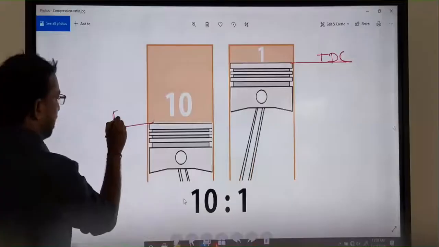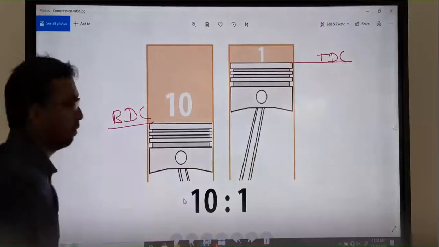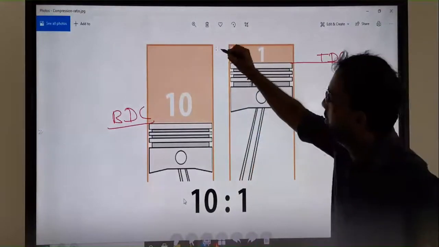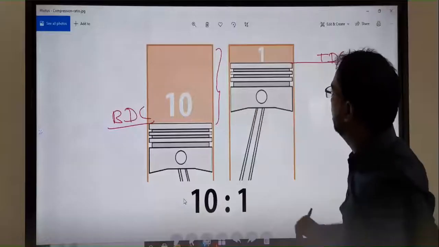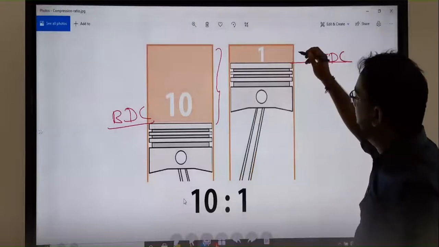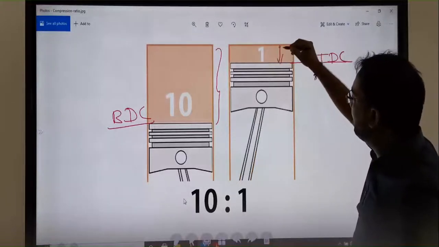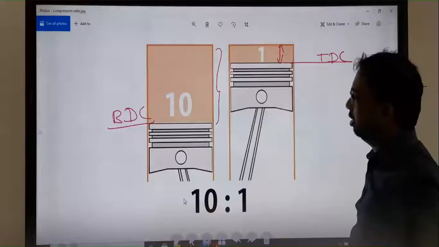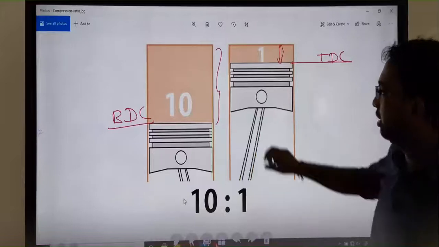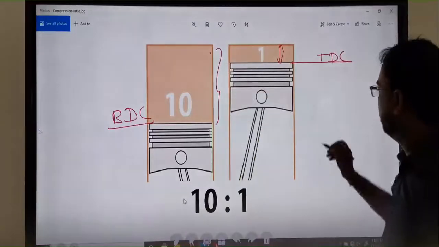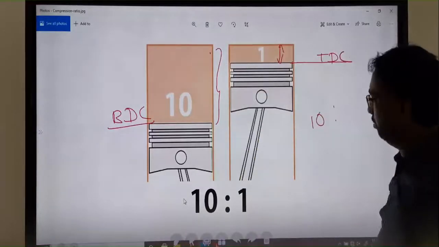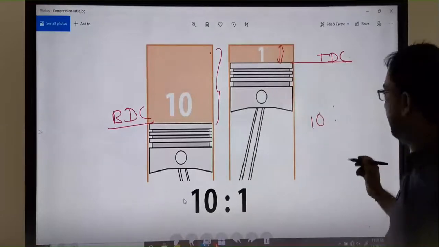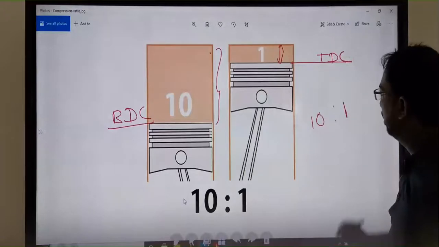So the total volume of this is 10. Here after TDC, the piston cannot move. There is a small area gap. Okay. So this compression ratio is this total value to this remaining place. That means that's one.